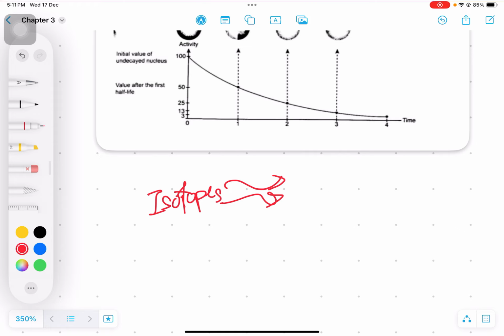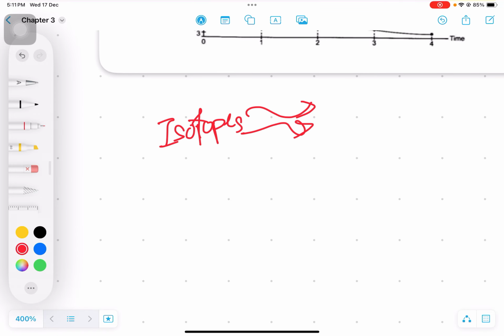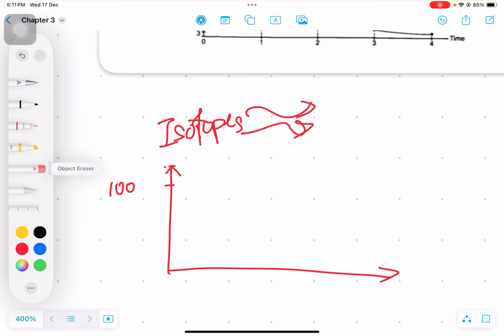So isotopes have a fixed half-life. For example, if the activity is 100, activity means the emission of radiation, 100 activity means they emit 100 radiation per hour, for example.